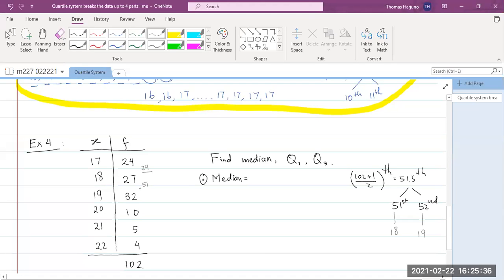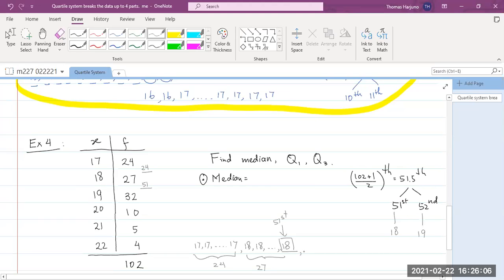You can imagine this way. 17, you write it 24 times. And then 18, you write it 27 times. So the last 18 is data number 51st.